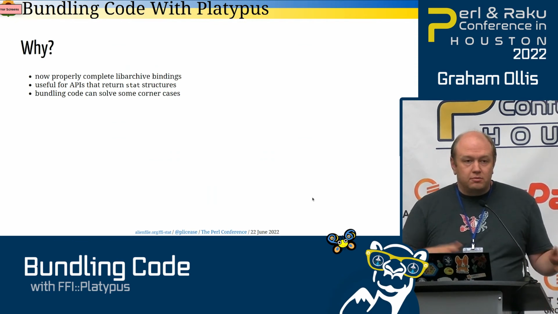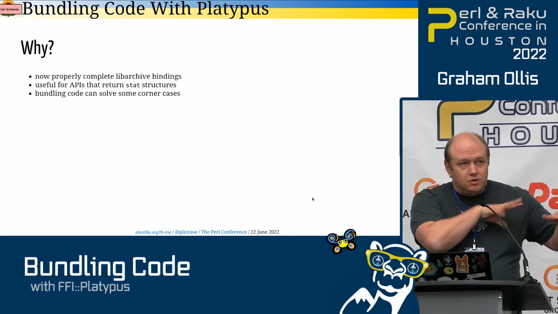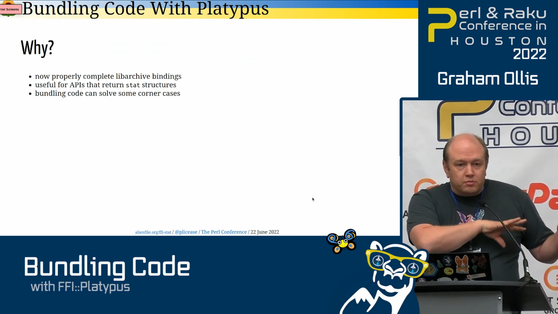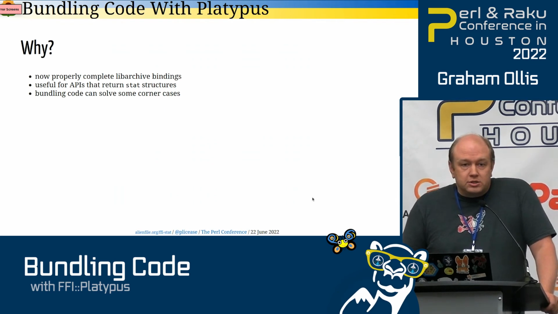And bundling is useful for some corner cases. Things like this where it's not quite so easy to do from Perl directly, or things like enumerated types or constants, which might change from platform to platform. This is a good use case for bundling code as opposed to doing it purely from Perl.